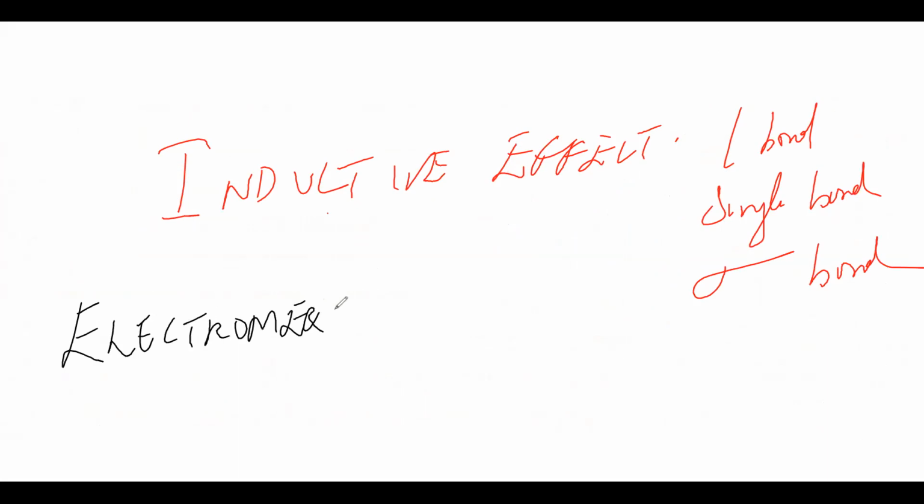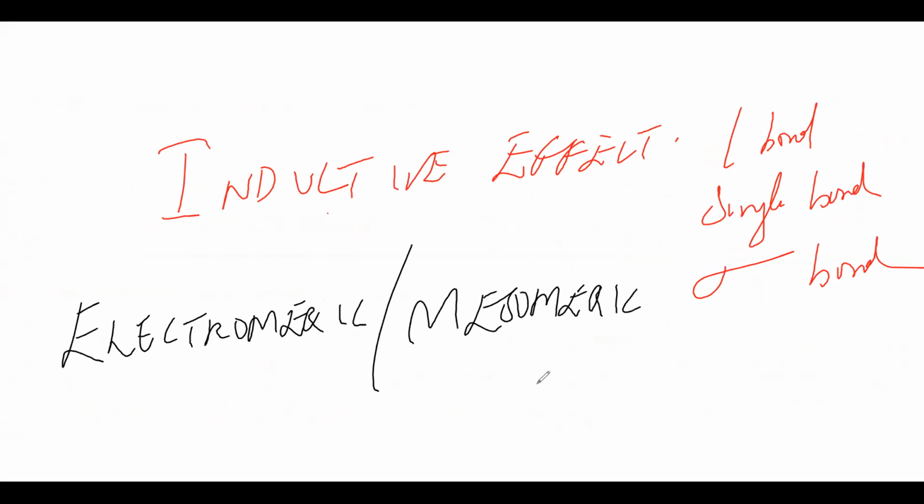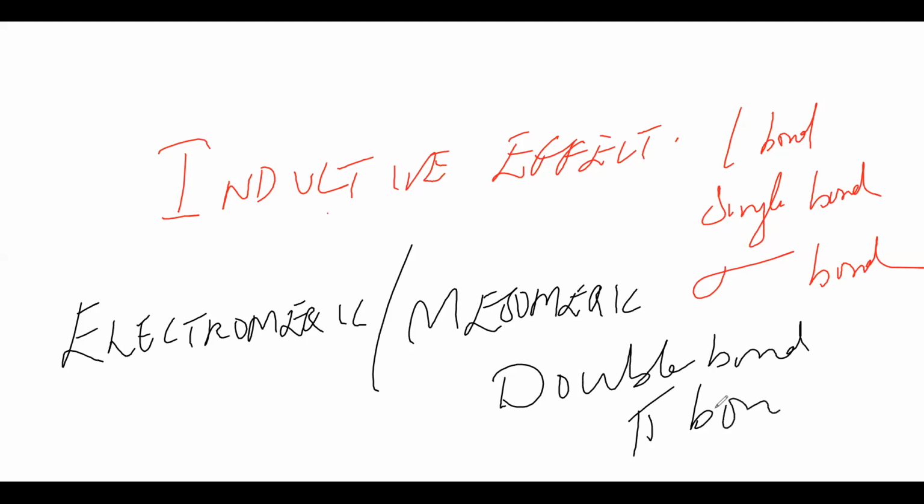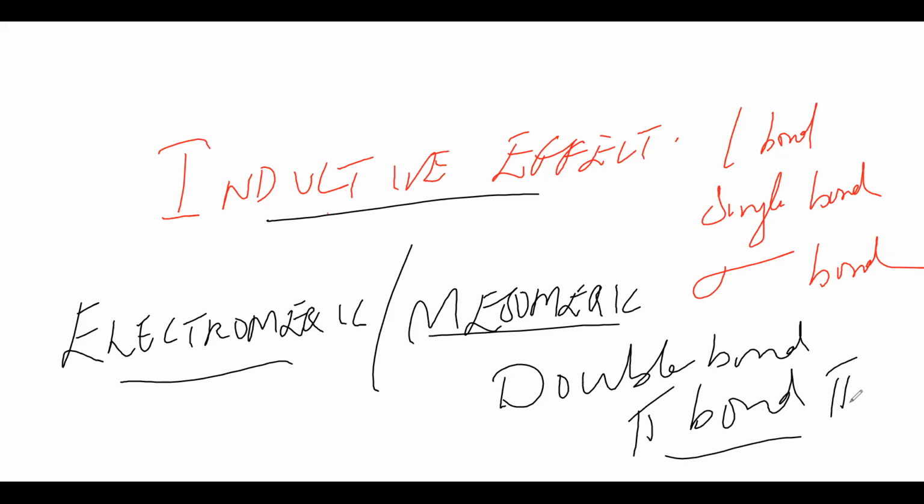Electromeric effect or the mesomeric effect means what? Double bond or the pi bond. Which means delocalization of sigma electrons or single pair of electrons in inductive effect. Electromeric or mesomeric, it is double bond or pi bond or delocalization of pi electrons.